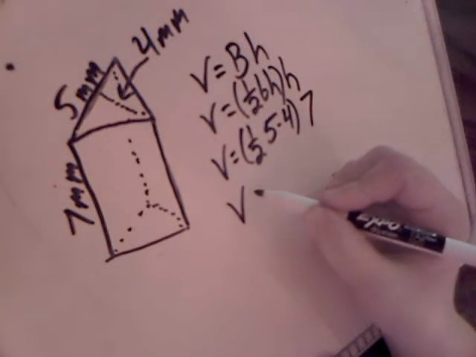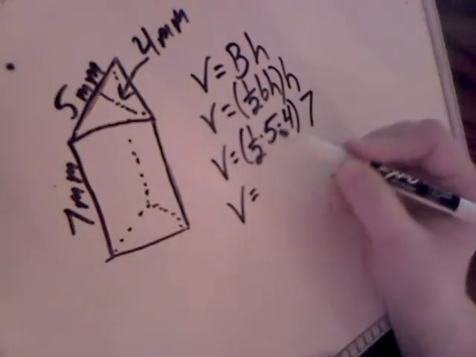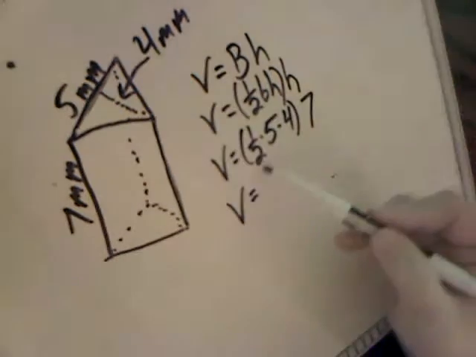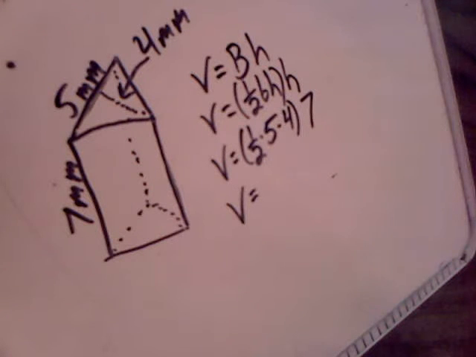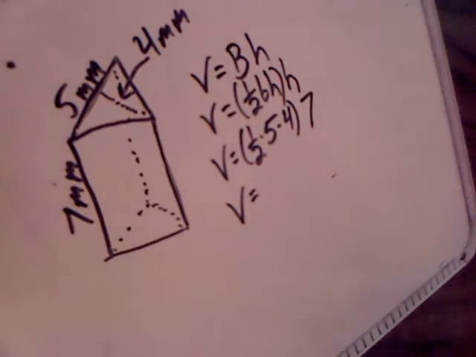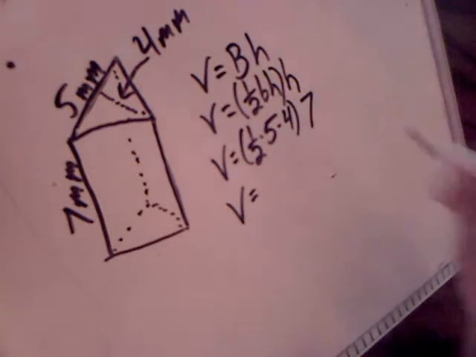Okay. V equals. Now I really should do 1/2 times 5 first, but because I know this is all multiplication in here, and because I know that you can switch around the order of multiplication and not change the final answer, I'm going to multiply 1/2 times 4 first. That's easier for me because 4 is an even number.